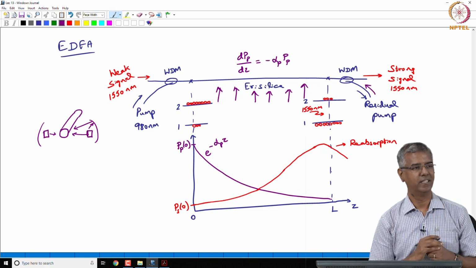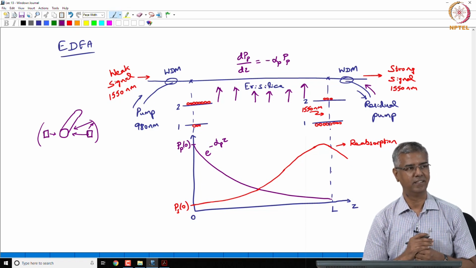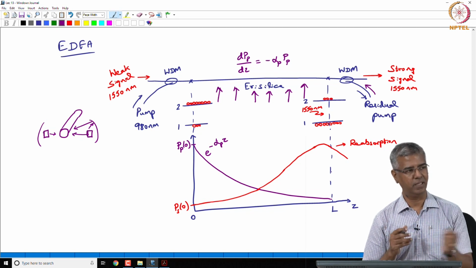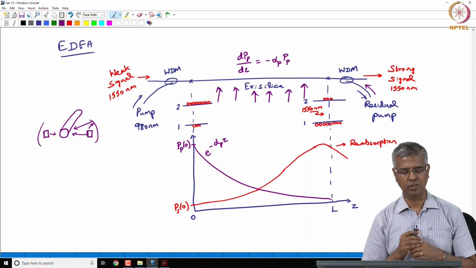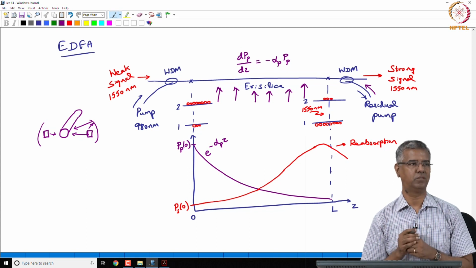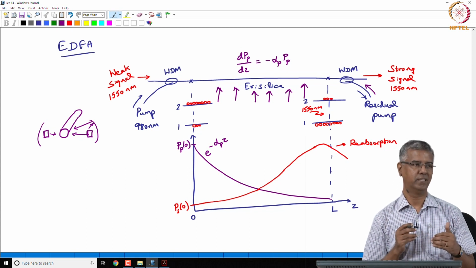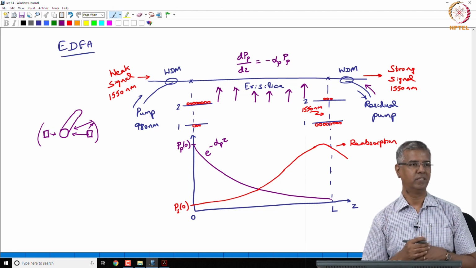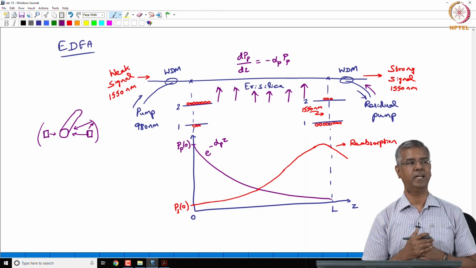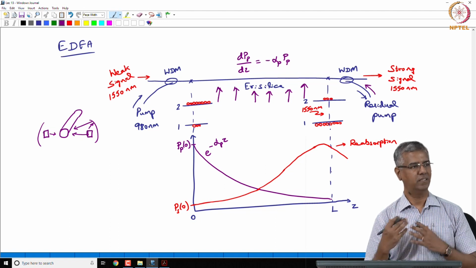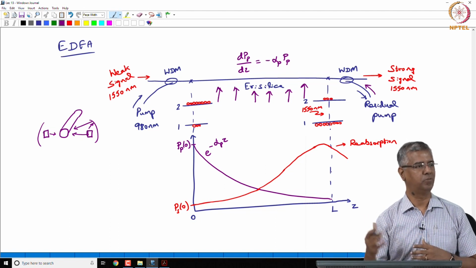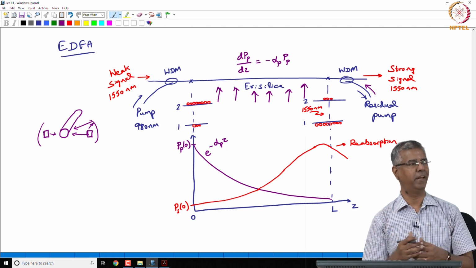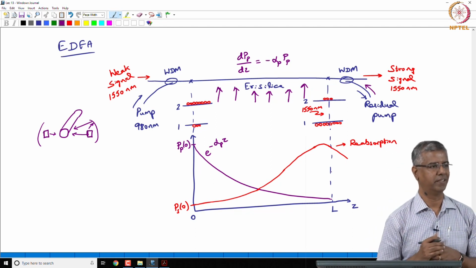Why? Because when you have the weak signal launched from the left side, right, there are very few signal photons coming in. So they need very few excited atoms to achieve the gain. They need very little inversion to achieve gain.